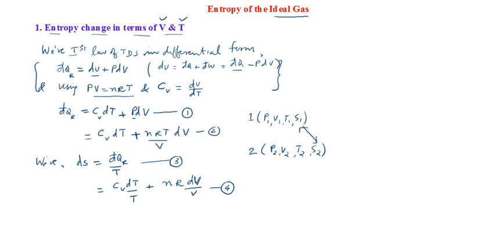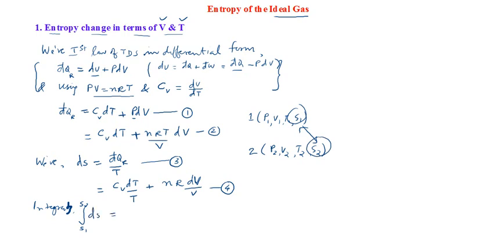For that you have to integrate on both sides. On the left side, my integration will be the integral over the initial and final values of dS, so S1 to S2, over dS.